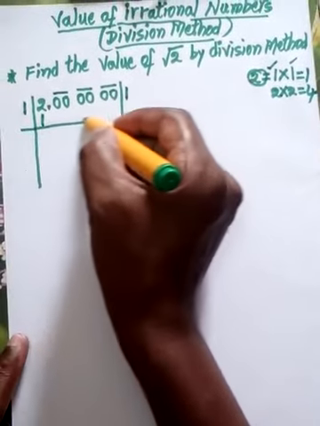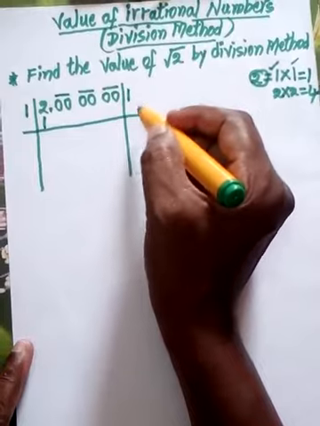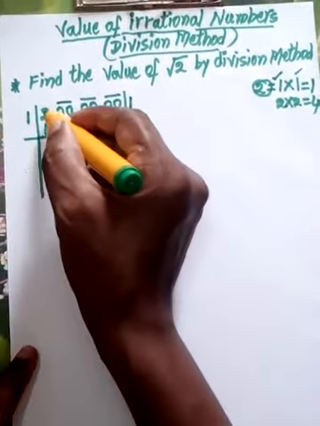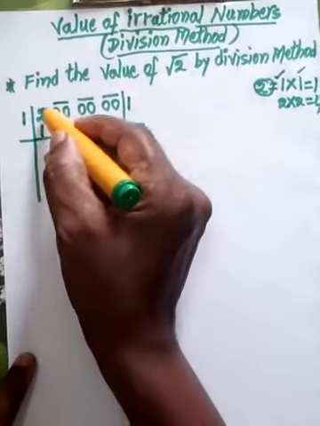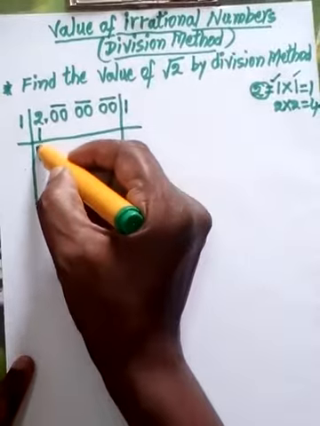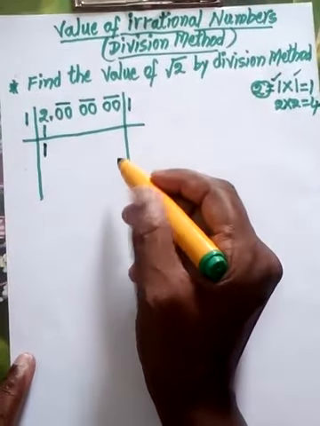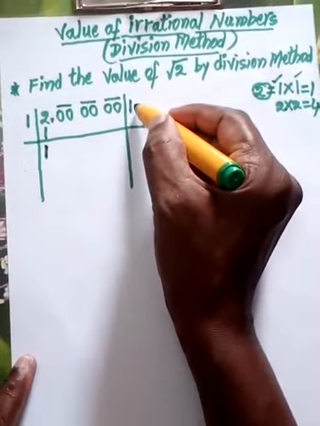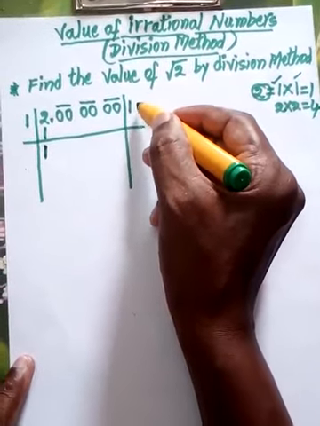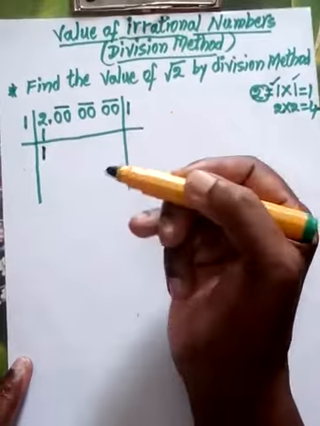Then we have to subtract in the same way how we do the division. So we subtract this 1 from the number 2 above, then we will get 1 again. Then the next step is to take the number in the quotient place, that 1, and make it double.